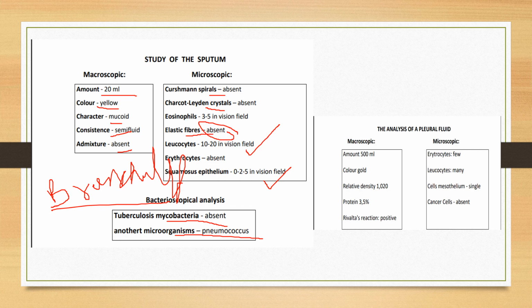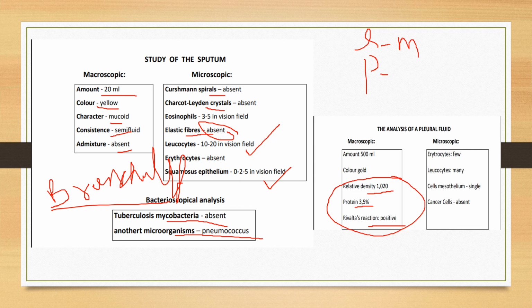As you can see, relative density is more than 1015, protein is more than 3.5, and Rivalta's reaction is positive. So all these three indicate it is exudate, and for exudate here we use the term effusion. So if it is effusion, then what kind of effusion is it: serous, hemorrhagic, or purulent. For this criteria I told you, if it is serous, then we see moderate amount of leukocytes.